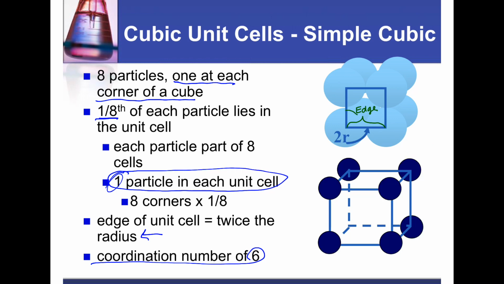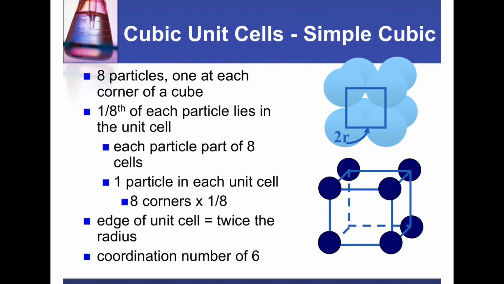And because 2 atoms meet each other right here, the edge is equal to 2 radiuses. Okay, so if this is the radius of an atom, this is the radius of an atom, the edge is equal to 2 radiuses. And that's why we say that the edge of the unit cell is twice the radius of the atom.